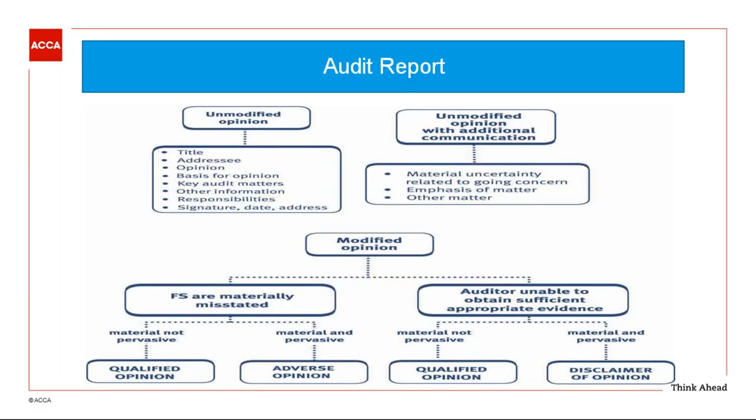Audit report can be modified on the basis of the materiality level or pervasive nature, and the audit report is modified according to ISA 705, and the paragraphs that are included are according to ISA 706. The unmodified report is prepared according to ISA 700 revised, and CAM is included according to ISA 701.